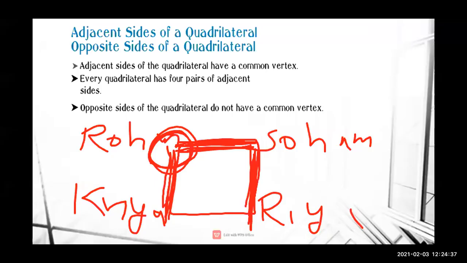Riya to Kriya and Riya to Soham. There, Riya is our common vertex. And what is the last thing which is remaining? Very good. Last is Kriya with Rohan, Kriya with Riya. So what is common here? Common is our Kriya.